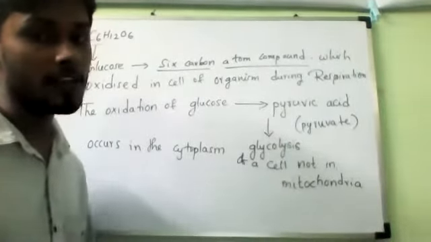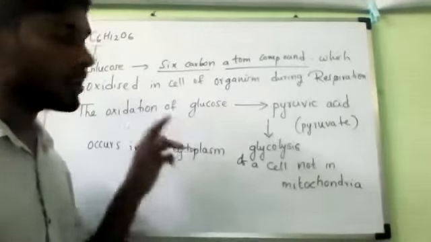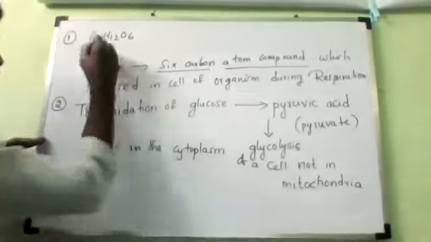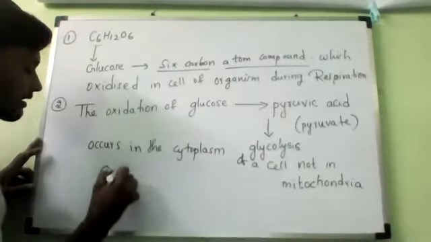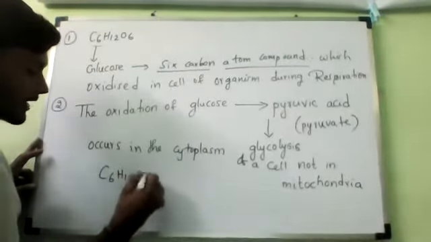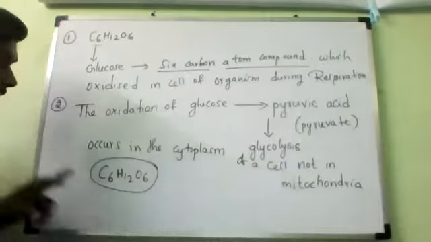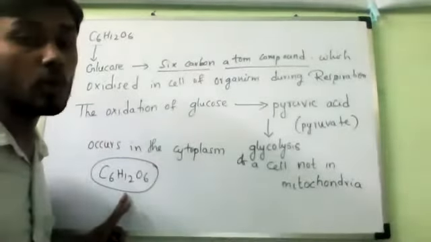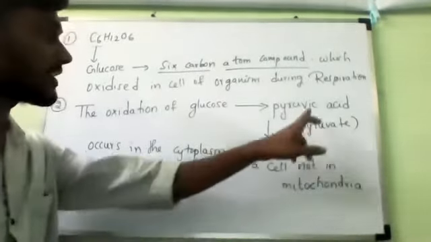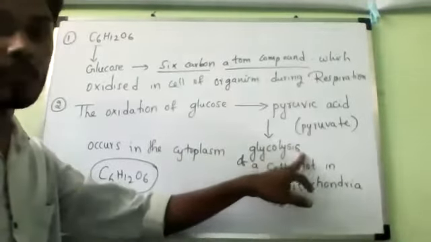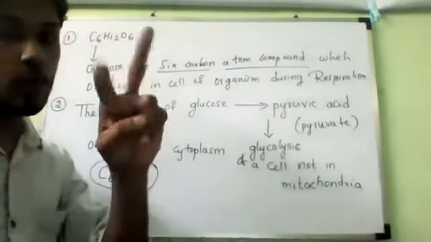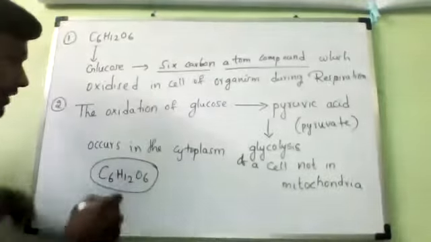Because one molecule of glucose, C6H12O6, on glycolysis can produce two molecules of pyruvic acid.